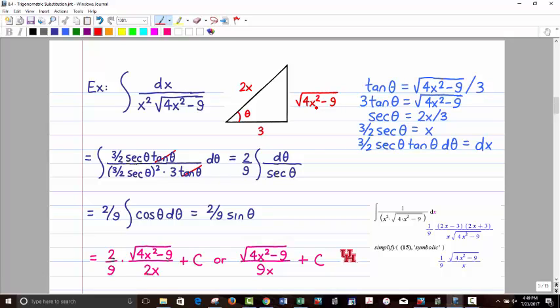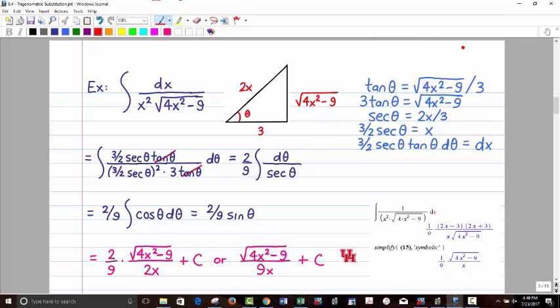The square root of 4x squared is 2x. Square root of 9, of course, is 3. And as I said earlier, you might want to check Pythagorean Theorem just to be safe. I can tell that this one's right, but obviously for your benefit, wouldn't hurt to do a quick a squared plus b squared equals c squared.